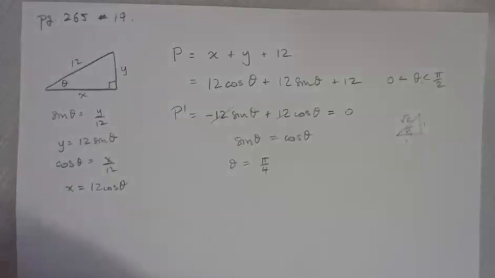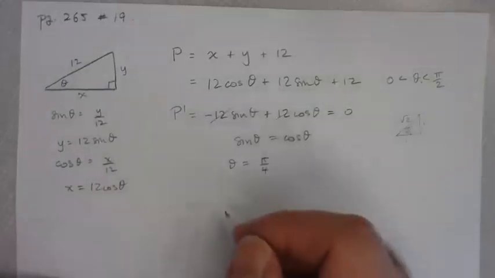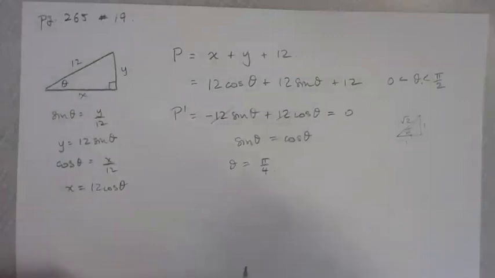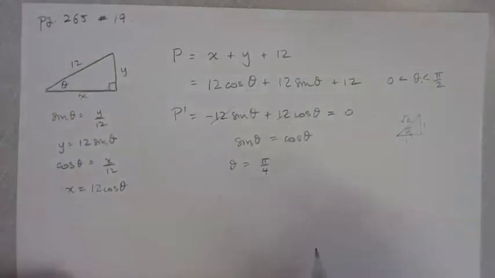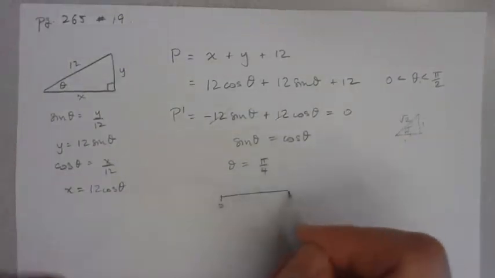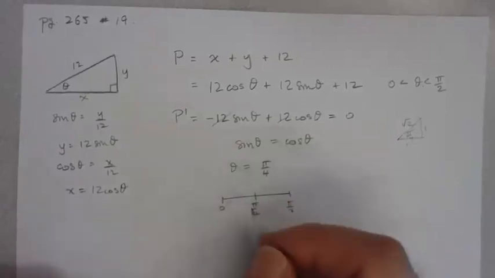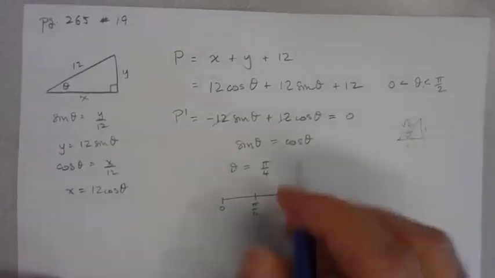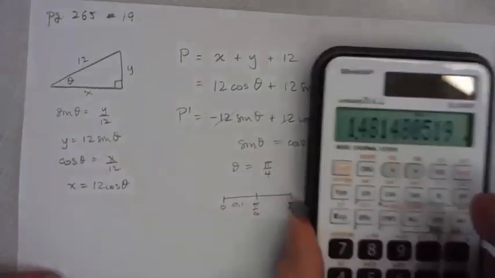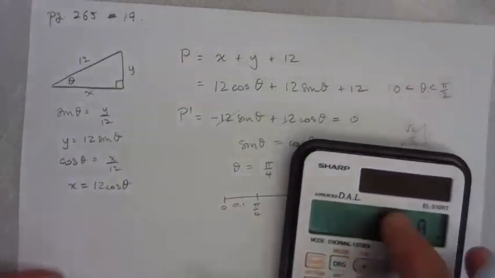Now, of course, what we need to do is show that this indeed gives us a maximum perimeter. So let's test here. From 0 to pi over 2, we got pi over 4. So here, I'm just going to take 0.1. And what do we have? Let me make sure I'm in radians.